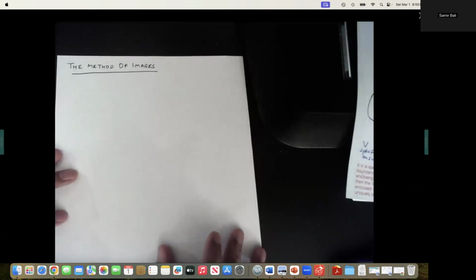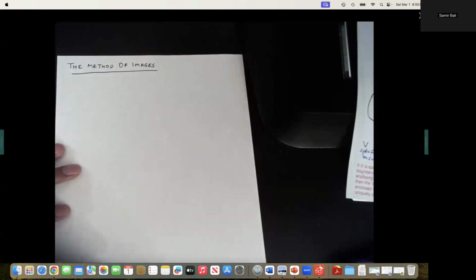And so in certain select situations like that, the method of images works just fine. And if it works, it's really simple. It does involve some guesswork, so unless someone does this for a living, it's not always easy.